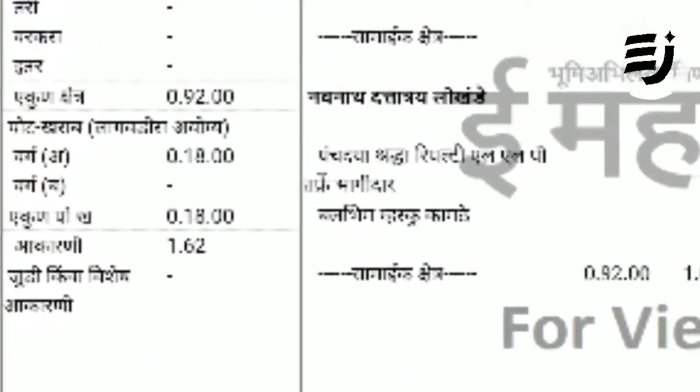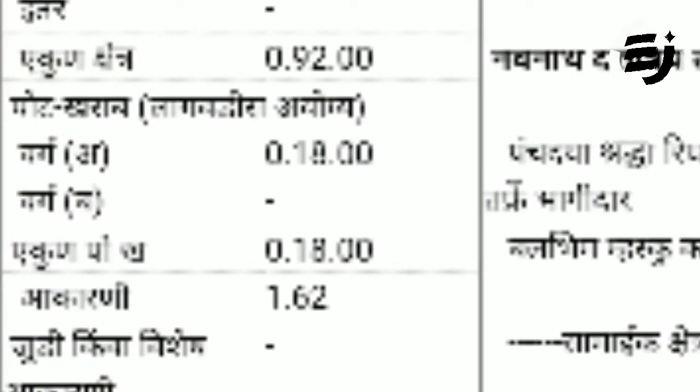Let's move on to the next content, that is Pot Kharaba or Lagvadi Yogya Naslele. This means the land which is unfit for cultivation. It is classified into Varg A and Varg B, that is category A and category B. Category A consists of lands which are unfit for cultivation due to rocky land, like land under nala or farm buildings.